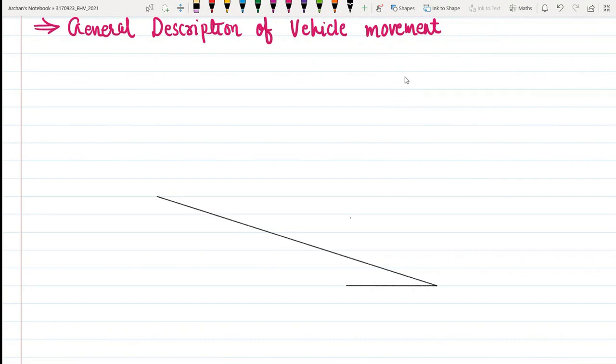With the ground level, it is making some angle alpha, right? So this is my angle alpha. This one is the ground level, this is my reference level, and my vehicle is moving up a grade. It is climbing this particular mountain or whatever uphill road is there, right?